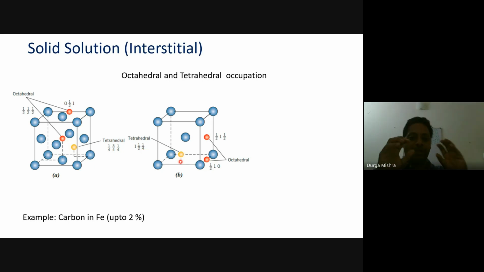So these are all fixed and decided. You cannot really change the position of these tetrahedral and octahedral sites. You may do a little bit of distortion by introducing an atom, but these positions will be quite fixed in a unit cell.